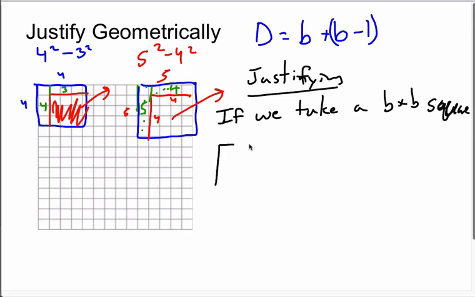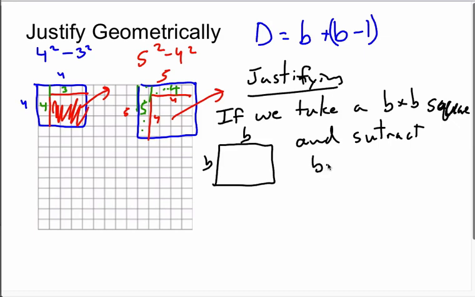So let's draw the b by b square. So here's b by b, and subtract b minus 1 squared. Okay, so remember originally we have b squared minus b minus 1 squared, and then that difference is going to be this. So anyway, so we do that.